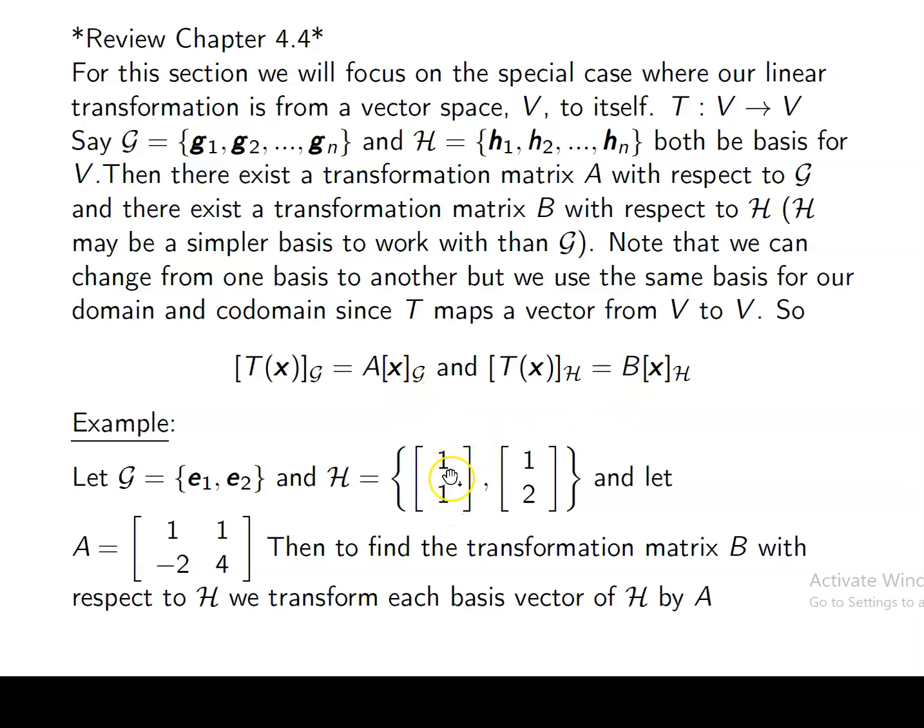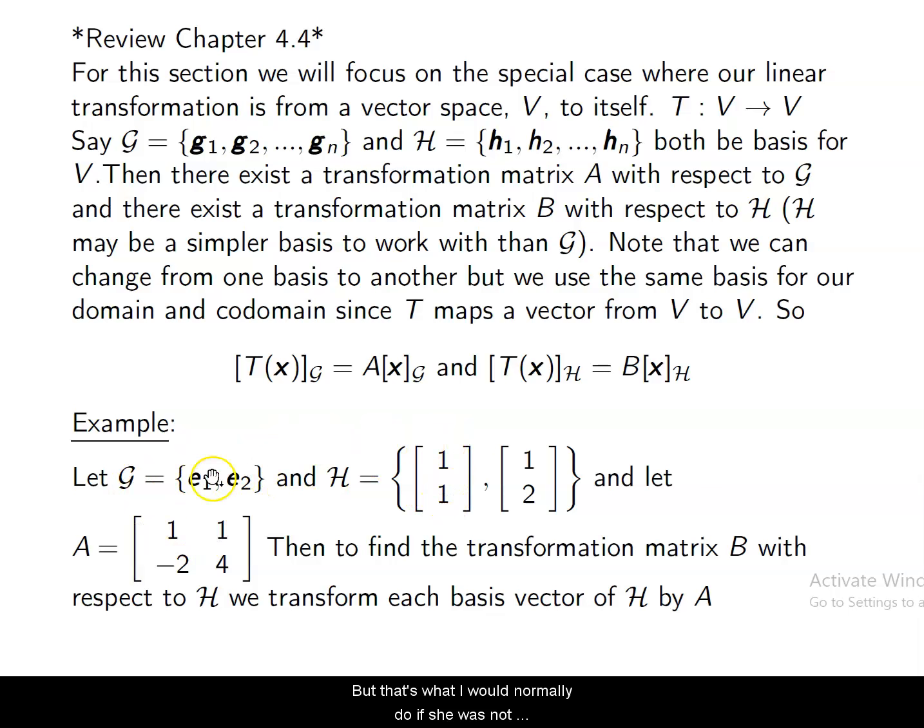So I would take my H basis vector. I need to write it in terms of the basis of the transformation matrix I'm going to use. In this case, I didn't have to because it was a standard basis. I didn't have to write this in terms of a different basis, but that's what I would normally do.